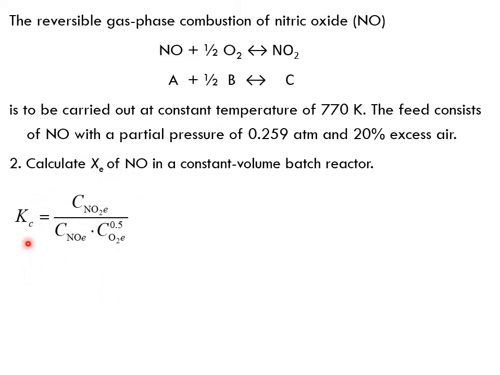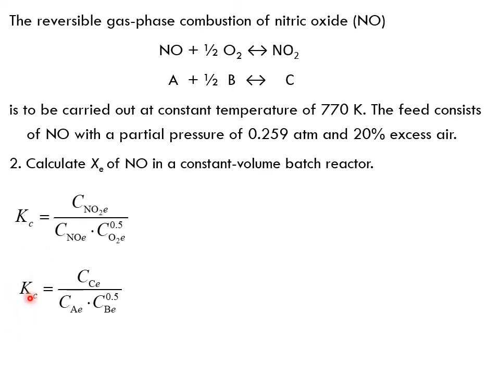Okay, so Kc equals the concentration of C at equilibrium divided by the concentration of A at equilibrium times the concentration of B at equilibrium raised to the power 0.5. Obviously, we have the value of Kc.